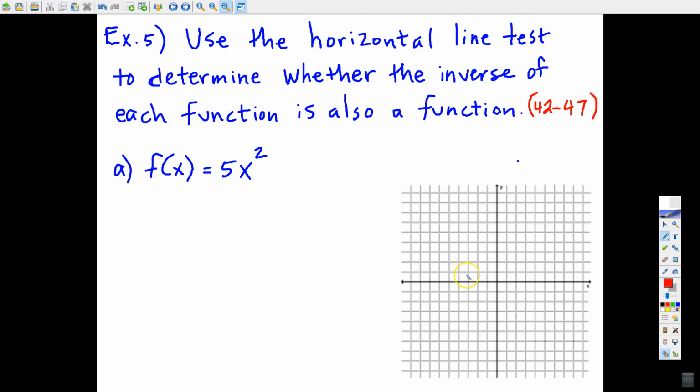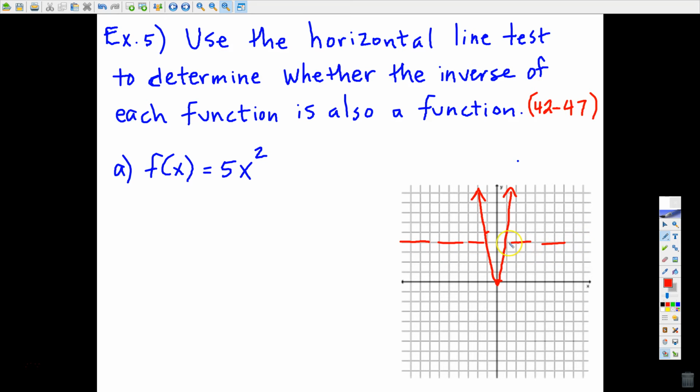It's a parabola. Where's the vertex? 0, 0. All right, just one input. We'll do 1, 5. You don't have to get too fancy on these. So here's a parabola, vertex at the origin, and we got a total of 3 points. This is not going to pass the horizontal line test.